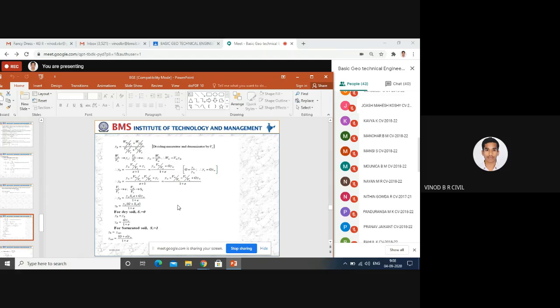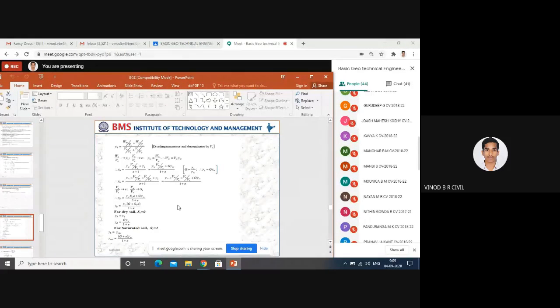Suppose the soil is completely converted to a fully saturated soil, then gamma sat comes into the picture, for example lake soil. Therefore, G plus e into S_r, which is 1 or 100%, so 1 into e, again just e, into unit weight of water, gamma w, divided by 1 plus e, the void ratio.